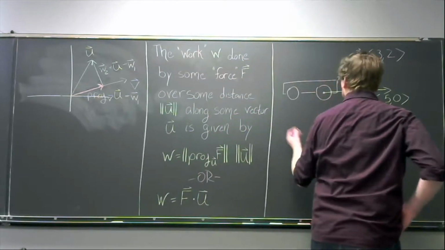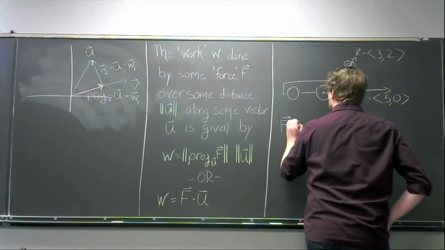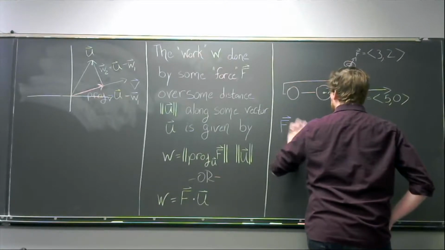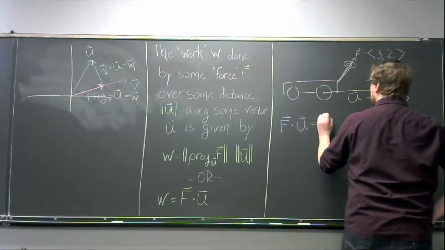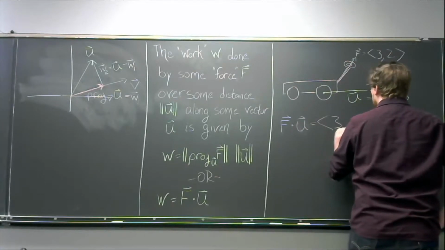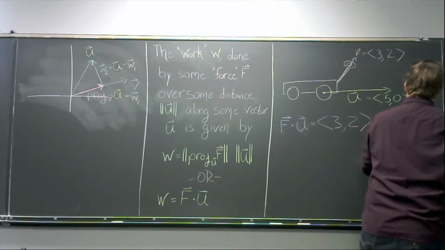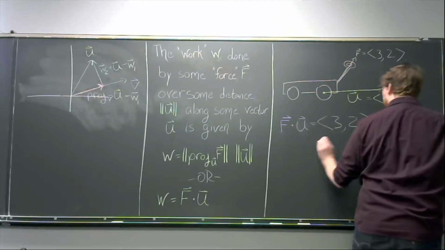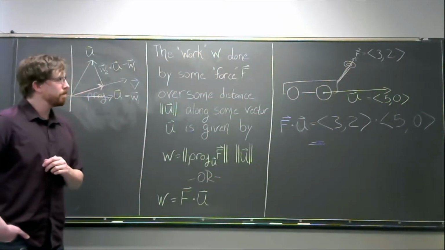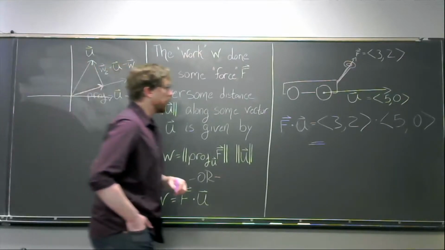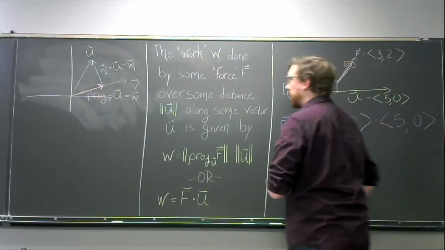What we've got is F dot U, which is equal to 3, 2 dot 5, 0. This is going to give us 15, isn't it? So this is 15.